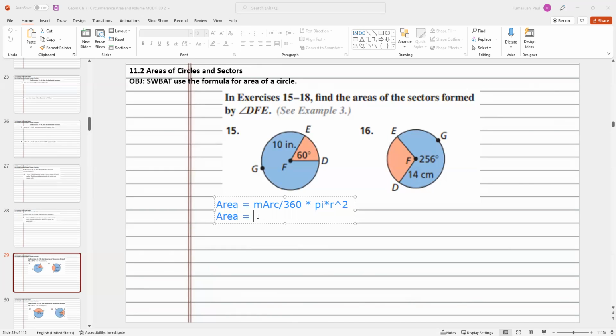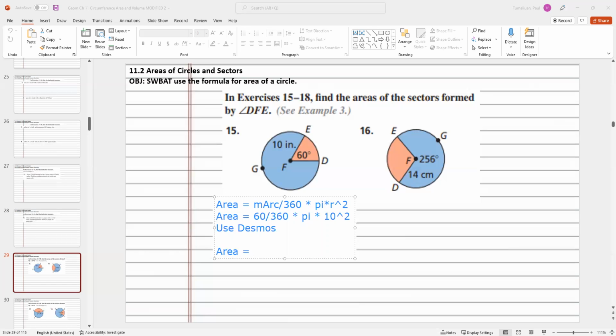So the measure of the arc is 60 degrees, that's the central angle, divided by 360 times pi times our radius here, which is 10, squared. Use Desmos.